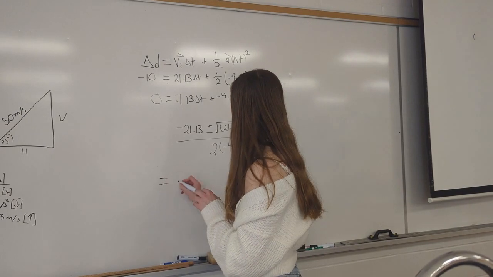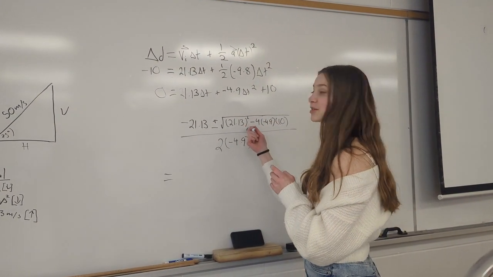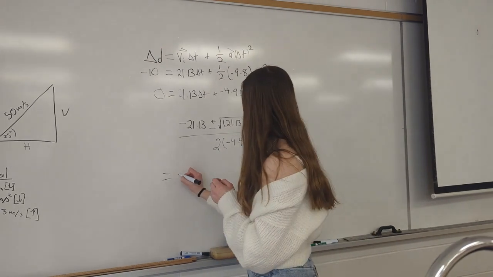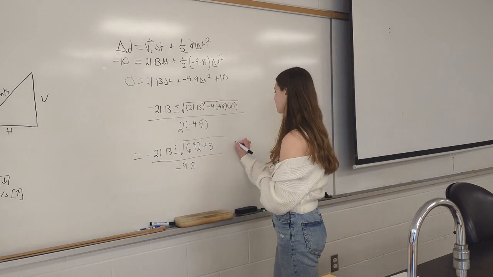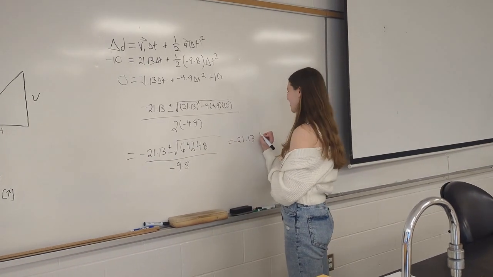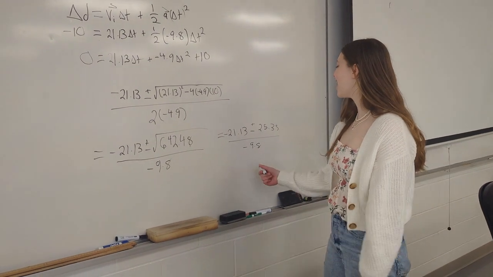All right, so the first thing that I'm going to do is figure out what's inside of this square root here, and get 642.48.